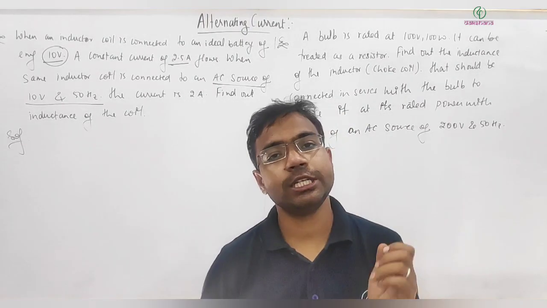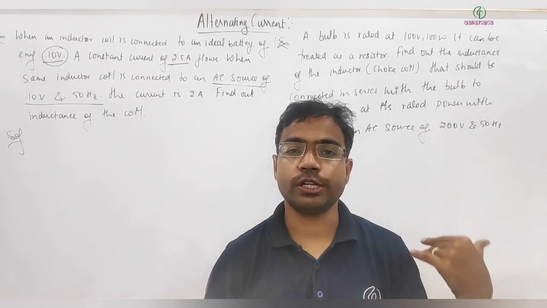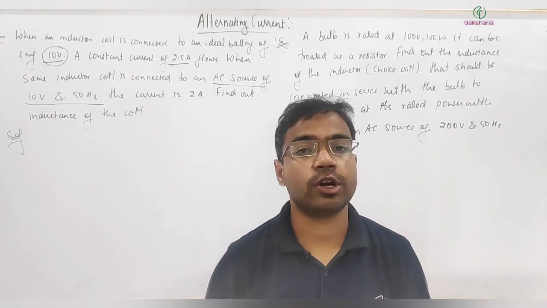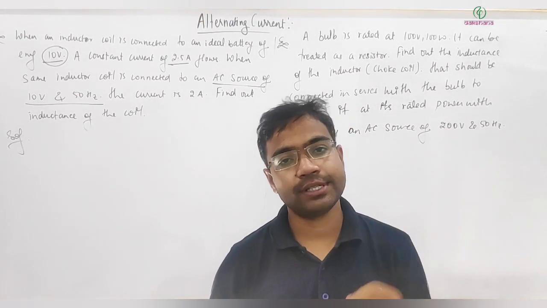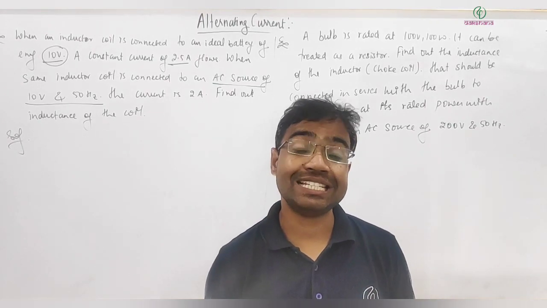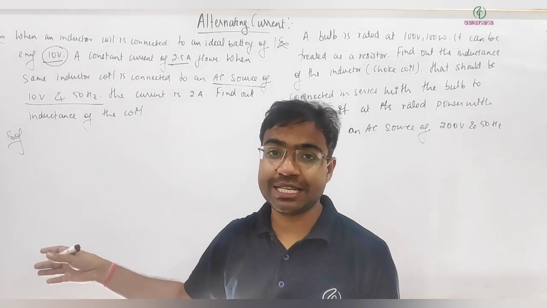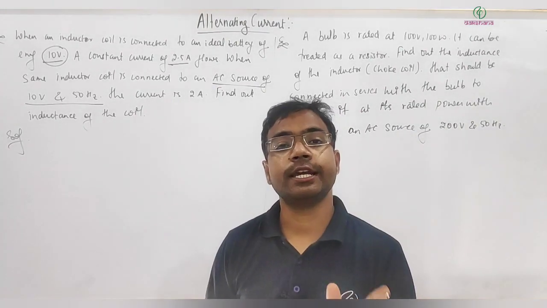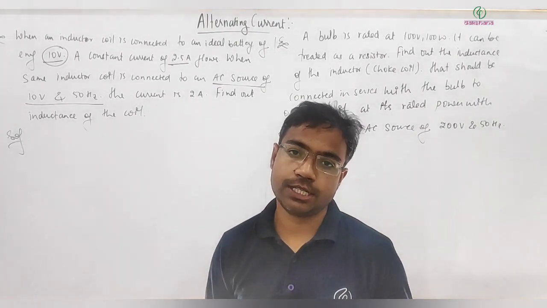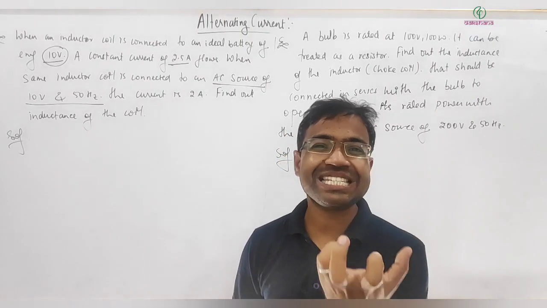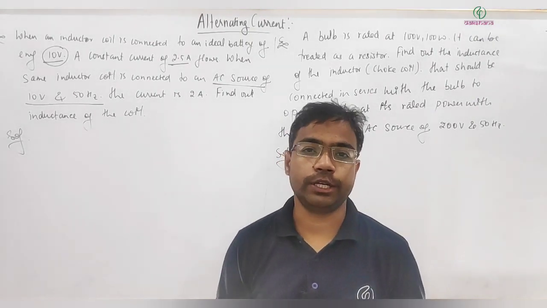Just for the moment initially, till the circuit reaches steady state, it will offer some opposition, but once it is in steady state, because it's saying a constant current, it's clearly given that the coil is operated in steady state, so only the resistance part of the coil will work actually.